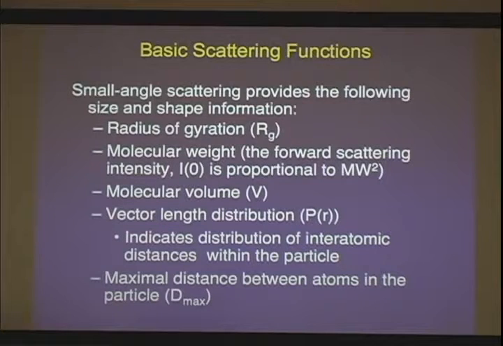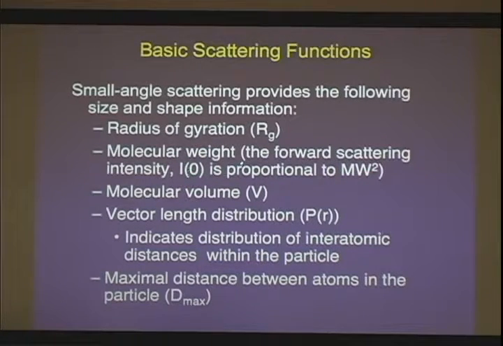So the basic scattering functions that we obtain from our experiments are the radius of gyration, which gives us an idea of the overall distribution of mass and the overall size of the molecule. We also get information from the forward scattering about the molecular weight.